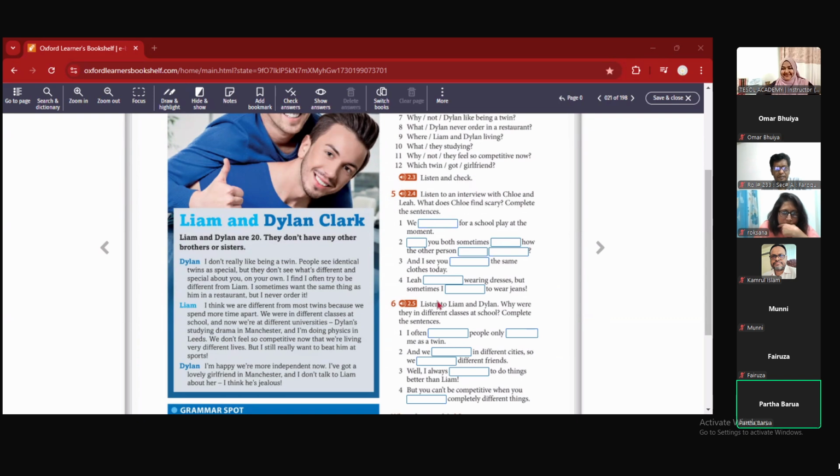Chloe and Leah are identical twins. Liam and Dylan are not identical twins because they have dissimilarities between the two twins, like Chloe and Leah.